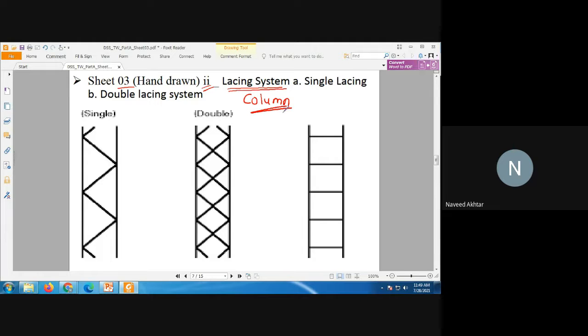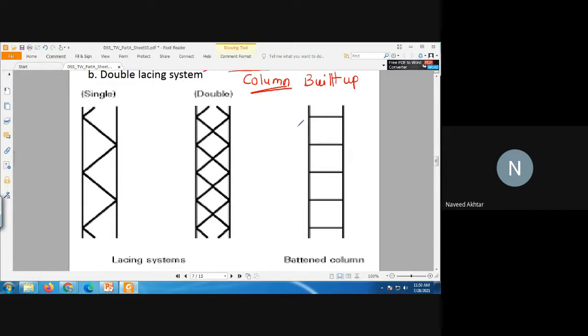So when a single section, an I section, is not capable of taking the load, to increase the stability and slenderness limit, we go for the built-up column in steel structure. So why are we going for it?